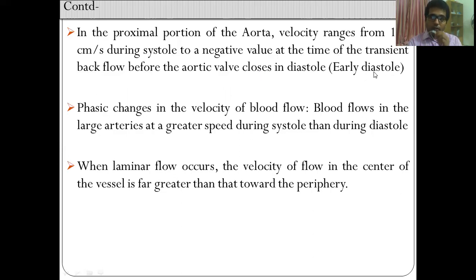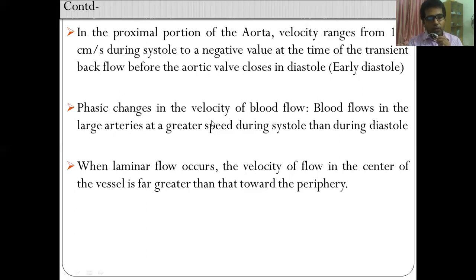So when your ventricle undergoes diastole or relaxation, there will be a transient period when there will be backflow. At that moment, the velocity will be zero, or it may drop to a negative value, in the period of early diastole.